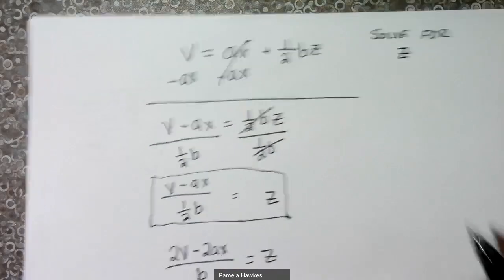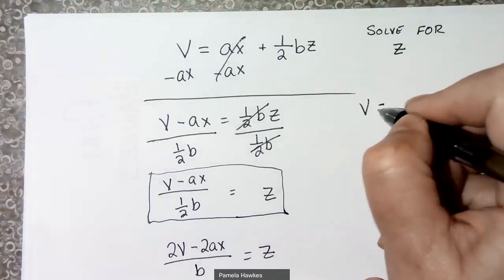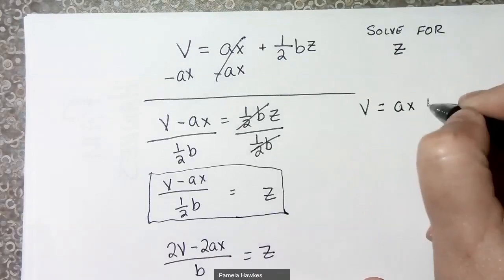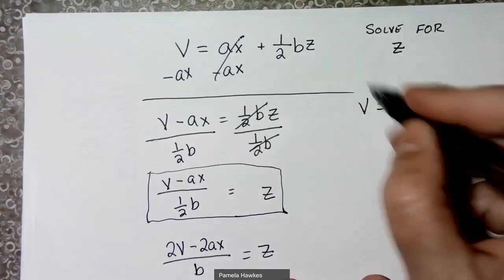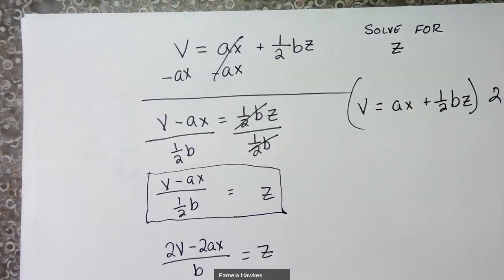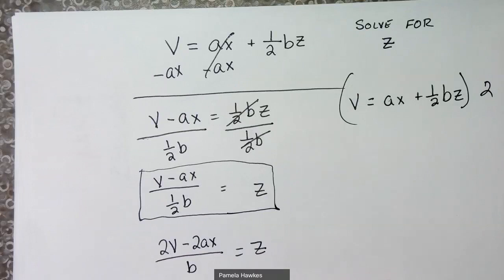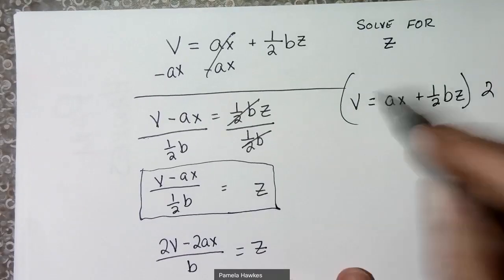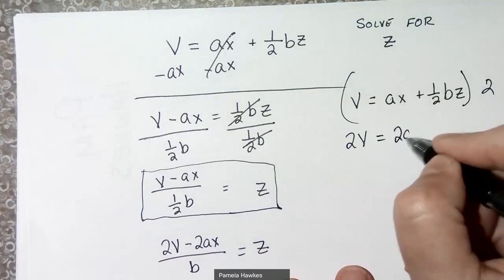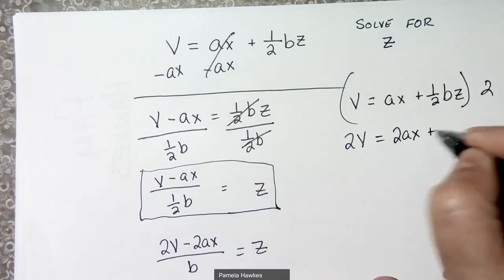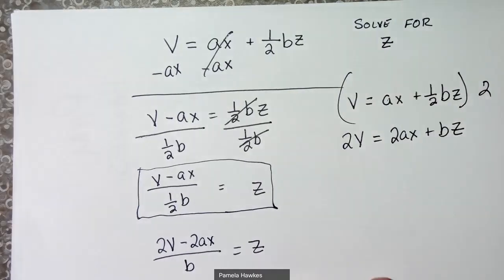Okay, if I was doing this problem, I would do it differently, and I told you guys that. I don't like fractions, so I don't deal with fractions. I just times by 2 to start with. Why 2? Because it's a common denominator. What do you get? 2v equals 2ax plus bz.